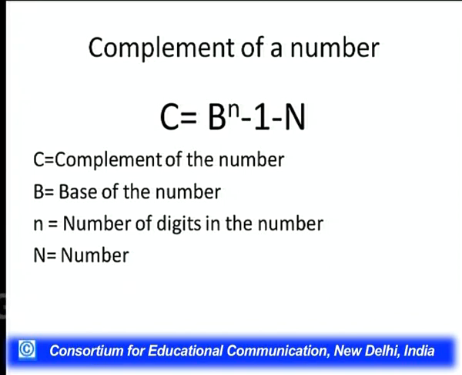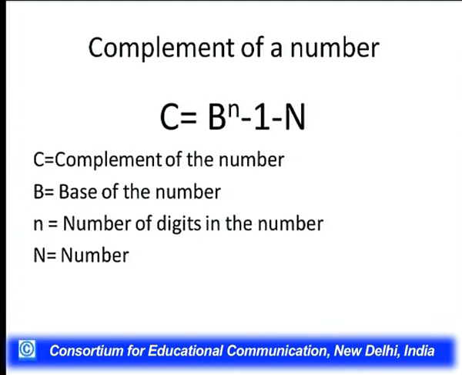If you talk about binary numbers, the complement of the number can be obtained by reversing all the digits of the number. But first we are going to see how you calculate the complement of a decimal number. So, this is the formula that we use for finding the complement of a decimal number.